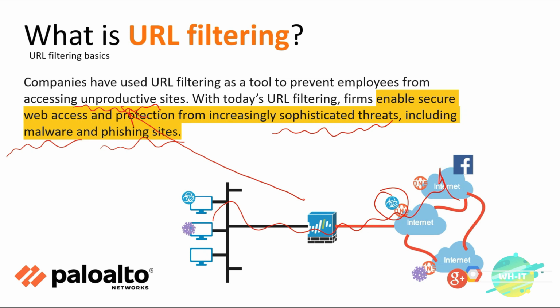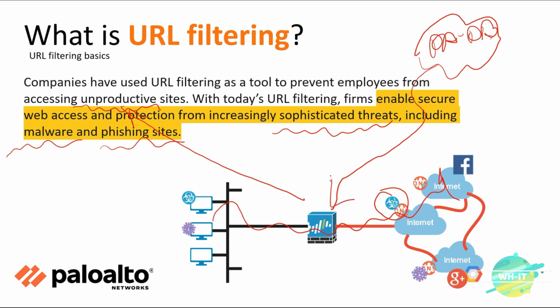At the same time, we also saw that Palo Alto has its own cloud, right? For example, it has a Palo Alto database cloud, and when you have advanced URL filtering, it downloads that database onto your firewall. Any kind of attack going on on the internet, they update their database and download it onto your firewall, and the firewall is able to stop that kind of activity right away.